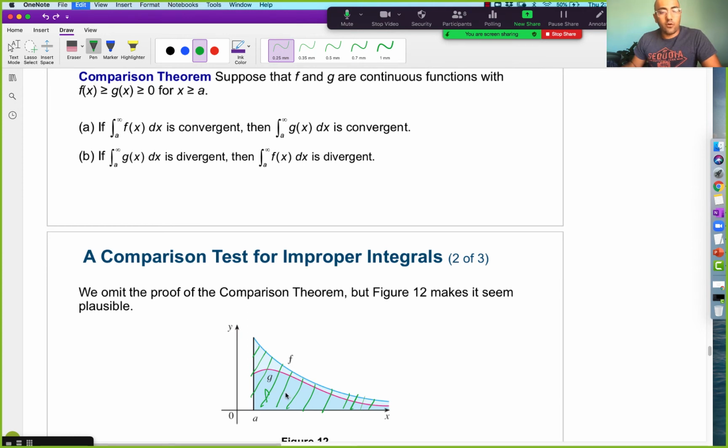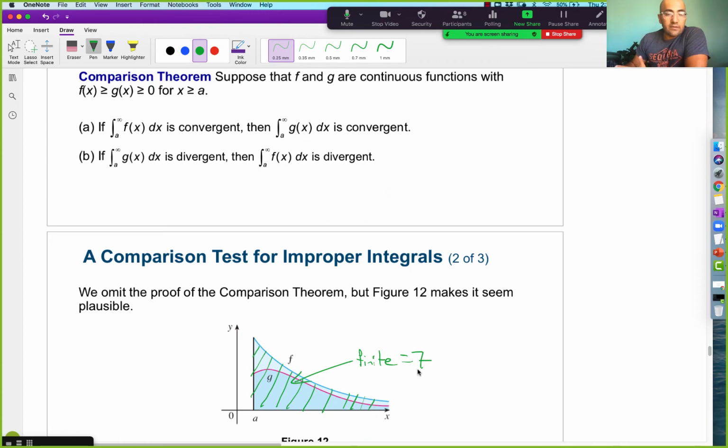Let's say that I do some work and I figure out that maybe it equals 7. After all that work, I figure out that going out from a to infinity, it equals 7. Well, then the smaller one must also be finite.